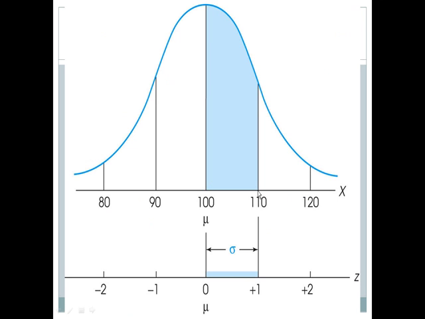We could just as well label with the z-scores and have a mean of 0 and a standard deviation of 1. The z-score distribution will always have a mean of 0 and a standard deviation of 1. I'm probably repeating that point throughout the lecture, but it's an important point, so I think it bears repeating a little bit.